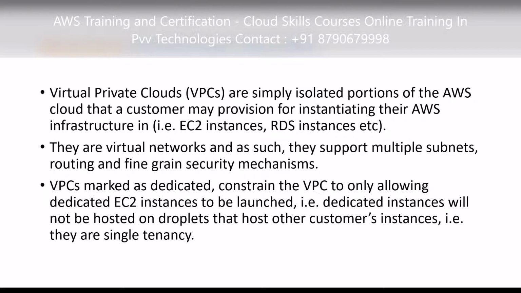It is an isolated portion of AWS where we can create infrastructure. As I said, EC2, RDS, most of the services will be using VPC, and some of the services will not be using VPC as a dependency, for example Route 53.